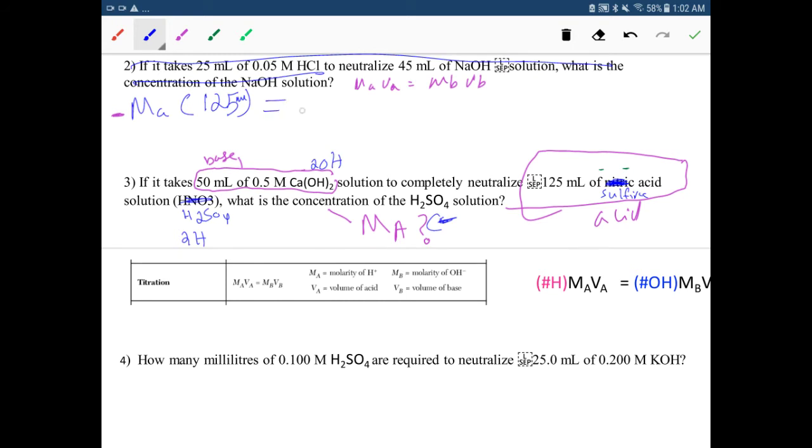The molarity of the base, I circled the information here, is 0.5 molar. VB, I circled the information here, which is 50 ml. Now doing it my way, I'm going to isolate the MA, then do the calculation. So isolate the MA by dividing both sides by 125 ml.